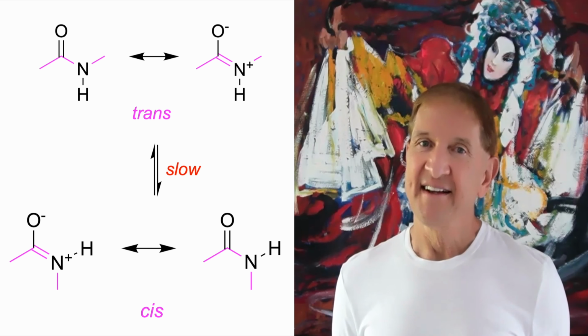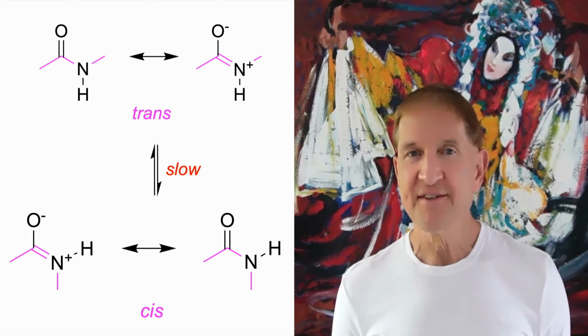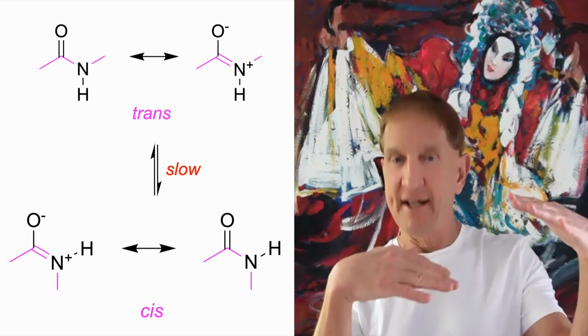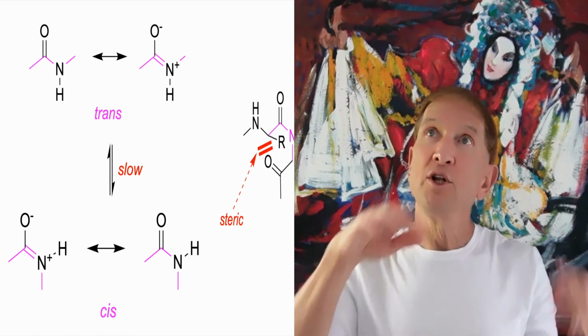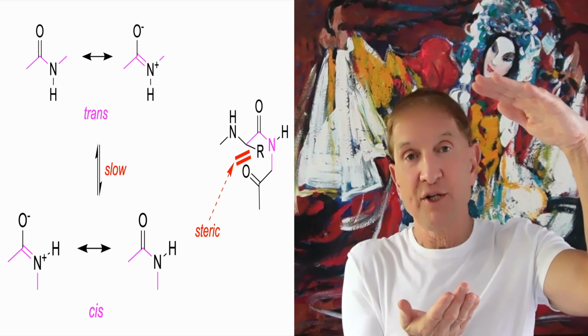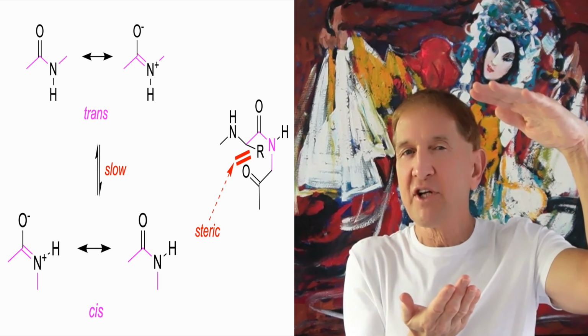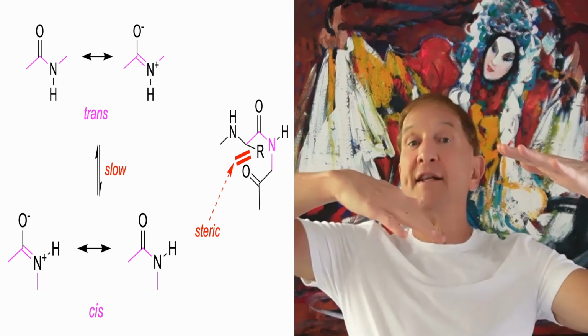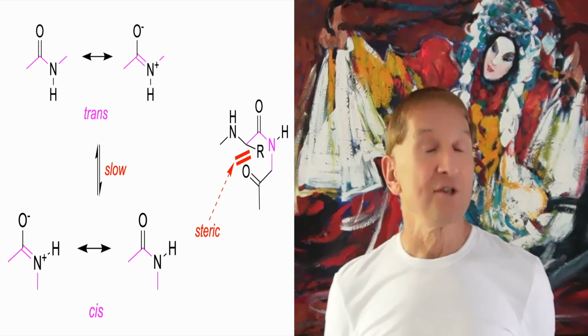Why is it that in most peptides and proteins, nearly uniformly, the amide bonds are trans? Because when we loop two peptides around in a cis conformation, we get ugly steric interaction between two groups. But in the trans conformation, that doesn't occur.